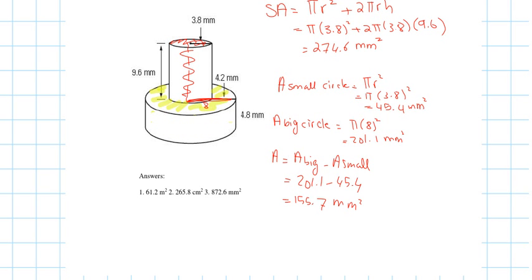So this right here is the area that is higher. The cylinder. So I'm looking at the area of this, right, and the bottom.